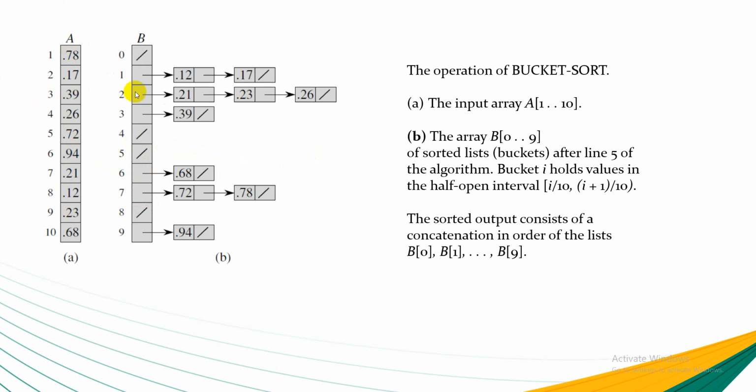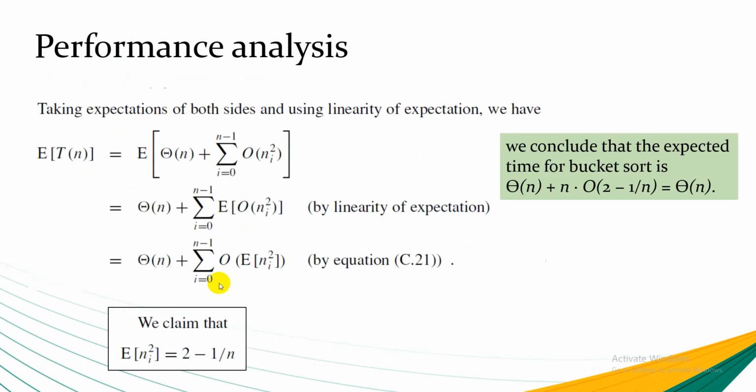However, bucket sort only applies in the case that the elements are uniformly distributed. This means that the probability of getting an element between 0 and 0.1 is the same as the probability of getting an element from 0.1 to 0.2, and so on.